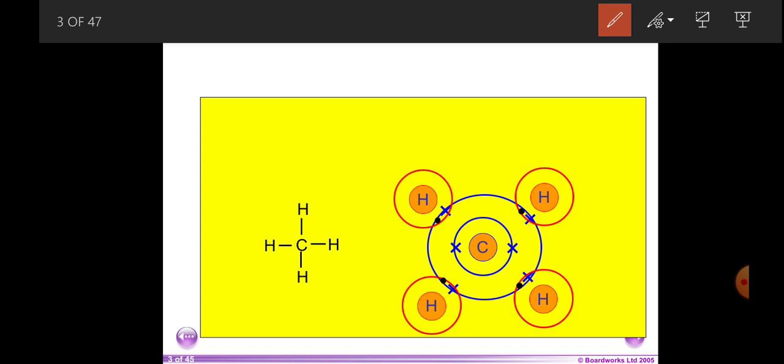So this is a rule in organic chemistry, that carbon must always have 4 bonds.